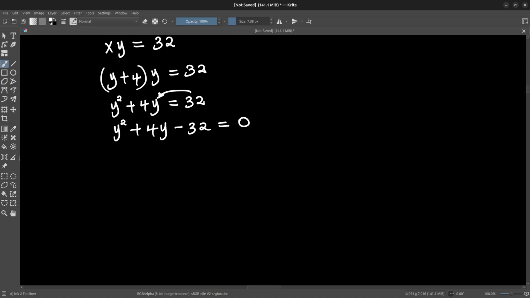Now, this is a quadratic equation. The easiest way to solve it is to rewrite this middle term. To rewrite it, we are looking for two factors such that when those two factors are multiplied, they give us negative 32y squared, and when those two factors are added, they give us 4y.